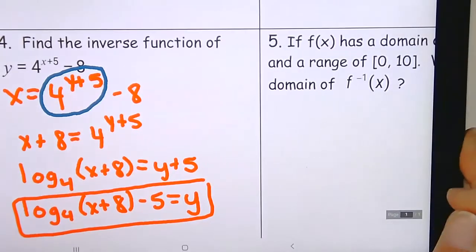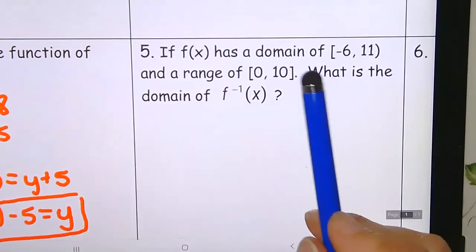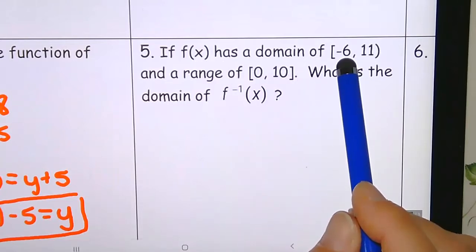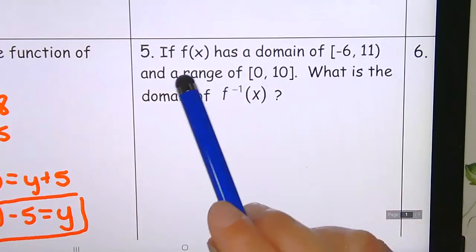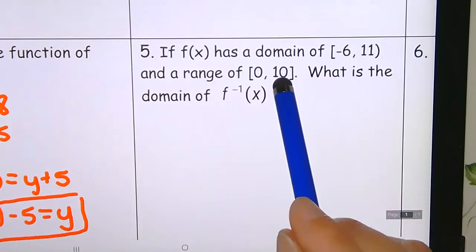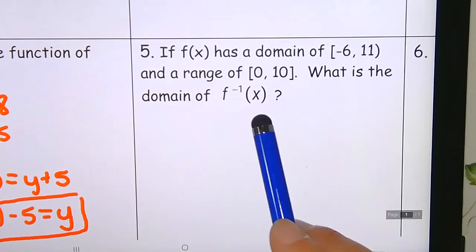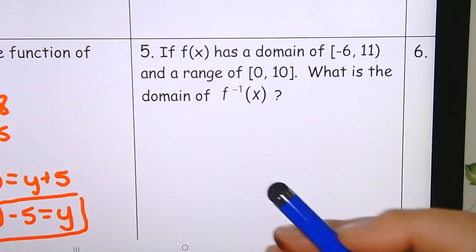Okay, number 5. So on number 5, if f of x has a domain of closed bracket -6 to 11 open bracket and a range of closed bracket 0 to 10 closed bracket, what is the domain of f inverse? So remember, x and y's get switched, okay?